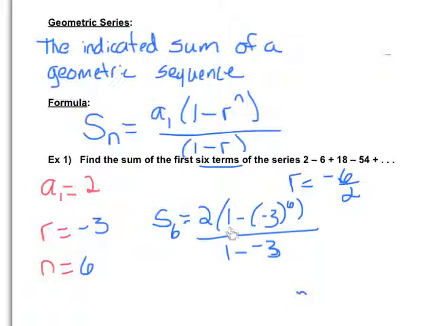So it's 1 minus 729, all times 2, divided by positive 4. When you process all that, you get negative 364. So even though your values are increasing, every other term is negative. So you're adding and you're subtracting, then adding, then subtracting, then adding. And at that particular point, when n is 6, your sum is negative 364.